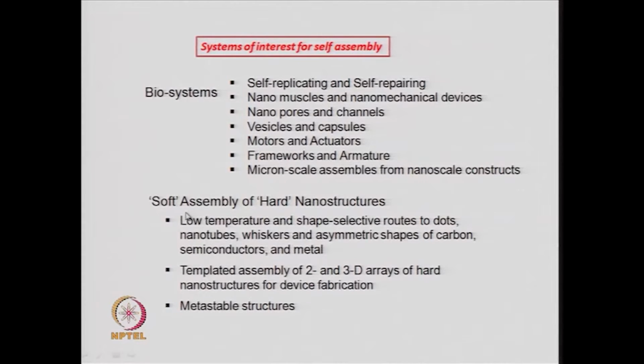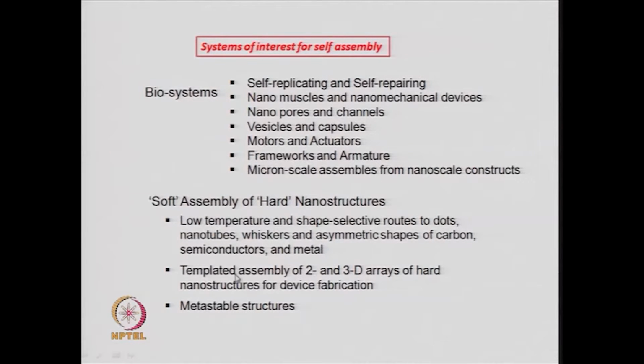Soft methods mean without using high temperatures or without using any plasma or laser for the assembly of these nanostructures. We refer to them as soft assembly using low temperature or room temperature methodology, using solution routes. If we can generate oxides or other metals etcetera, that is what we call soft assembly of hard nanostructures.